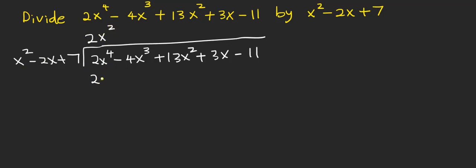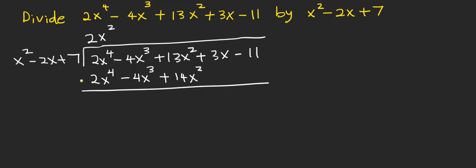You get 2x to the 4th, and then minus 4x cubed plus 14x squared. You change the signs, you get negative, positive, negative. Add them up, that cancels out, and this cancels out. And you get negative x squared plus 3x minus 11.